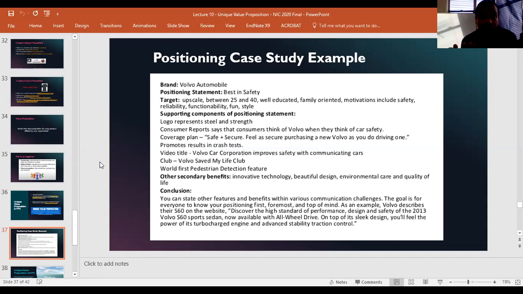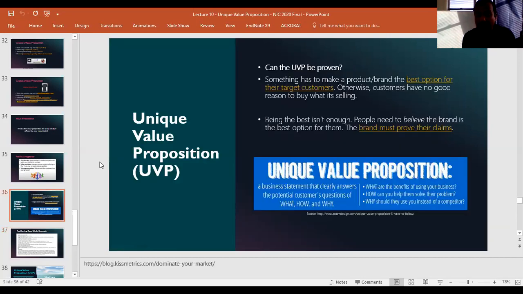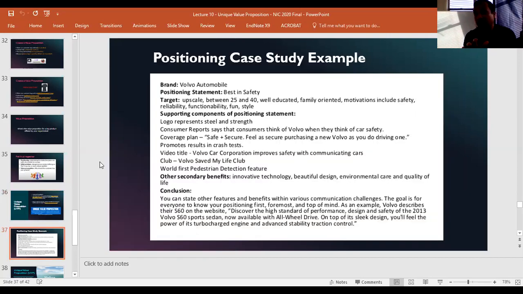They have done some sort of crash tests, which showed more and more safe cars. They also have scientifically proven technology, such as the pedestrian detection feature. That means the customer can believe it whenever they say they are the safest car on earth. People believe because there is supporting evidence.